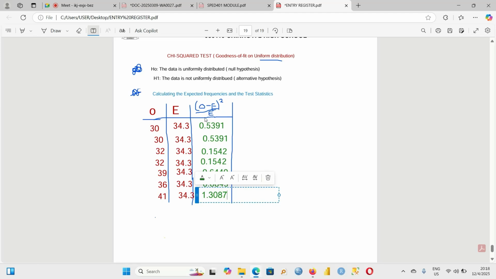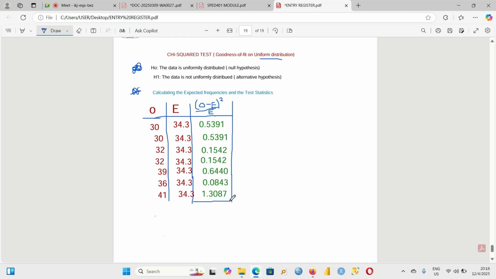Right, these are my O minus E squared over E. So this is the process of calculating the test statistic. How do we find the test statistic?